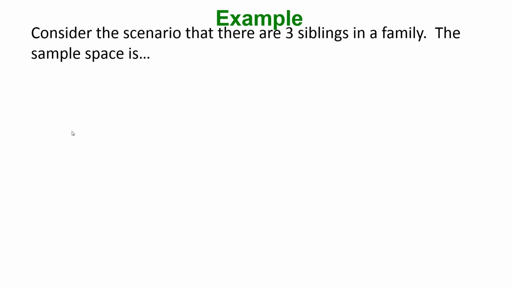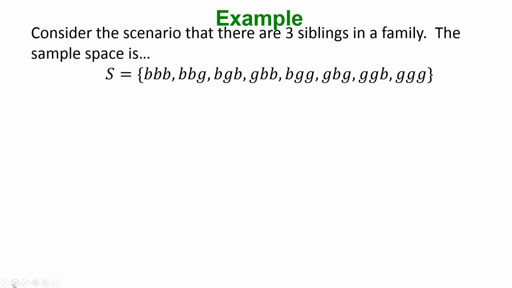Yes, GGG, BBB, all the possible outcomes for gender is what we were always talking about. So the sample space was BBB, BBG, BGB, all the different possible birth orders of male and female. These are the only things that can happen.